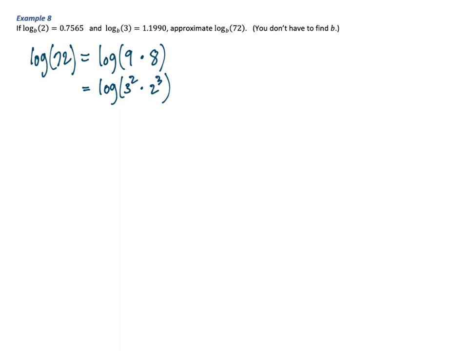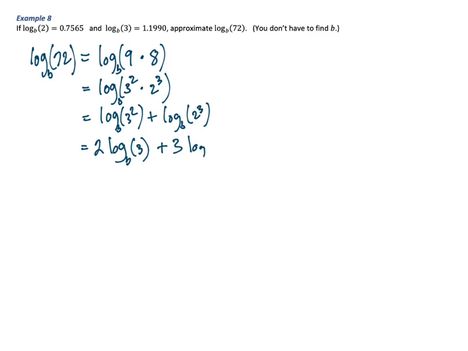From here, we can use our properties, the product property and the power property to rewrite the right-hand side as log base b of 3 squared plus log base b of 2 cubed. Oops, forgot my b's on here. From here, let's bring down the powers. So we'll have 2 times log base b of 3 plus 3 times log base b of 2. But these are the things that we were given.